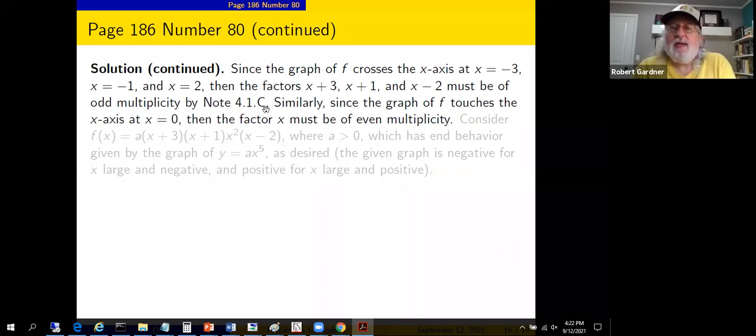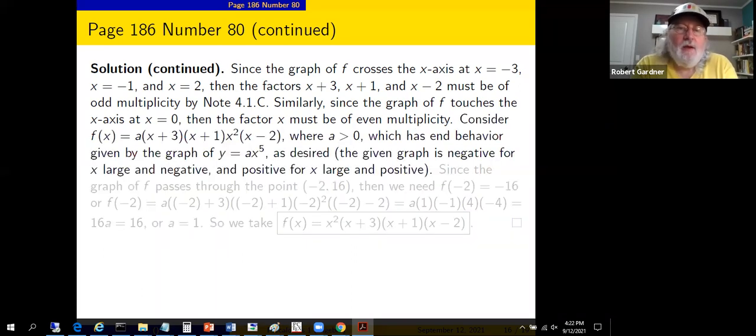When x equals 0, it touched. Since it crosses at these 3 points, the corresponding factors must be of odd multiplicity, as we stated in note 4.1.c for the record. But the graph of f touches the x-axis at x equals 0. So the factor x, x minus 0, must be of even multiplicity. Again, note 4.1.c.